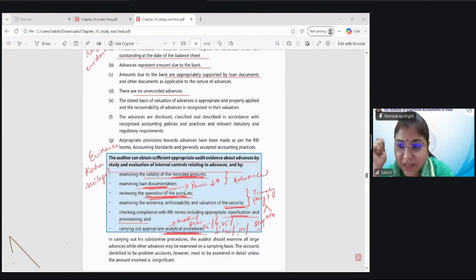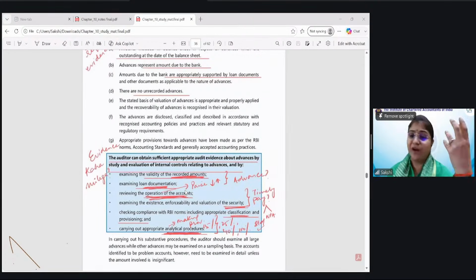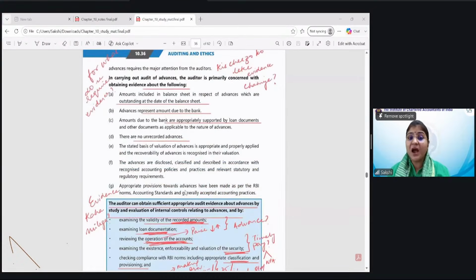So if a question comes, from where can you as an auditor obtain sufficient appropriate audit evidence about advances? Your answer will be this. And if the question comes how, then your answer will be the above points. Is it clear to all of you?